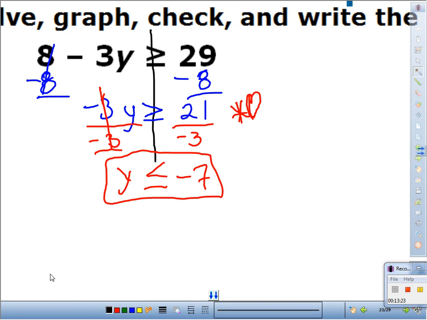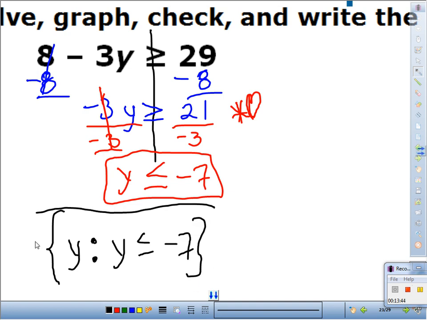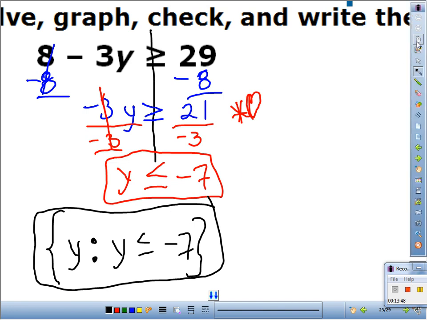Here we go. Look up, please. Here goes the terminology again. Solution set of all what? Y's such that y is less than or equal to negative 7. Hands if you got that. Okay, we got it, yes? All right, see if you can do this next one by yourself completely.